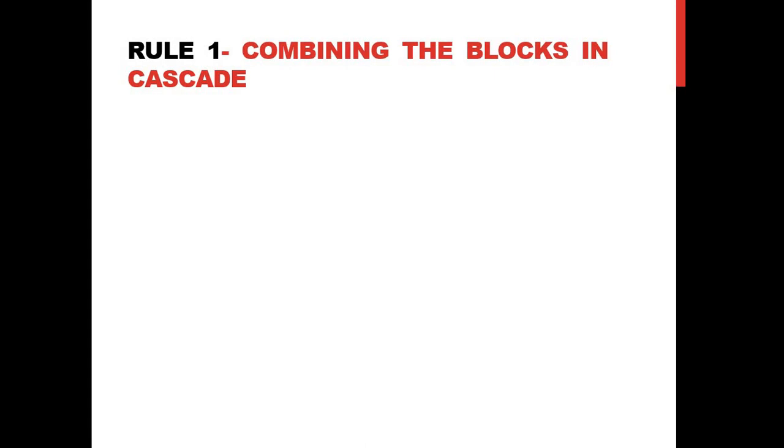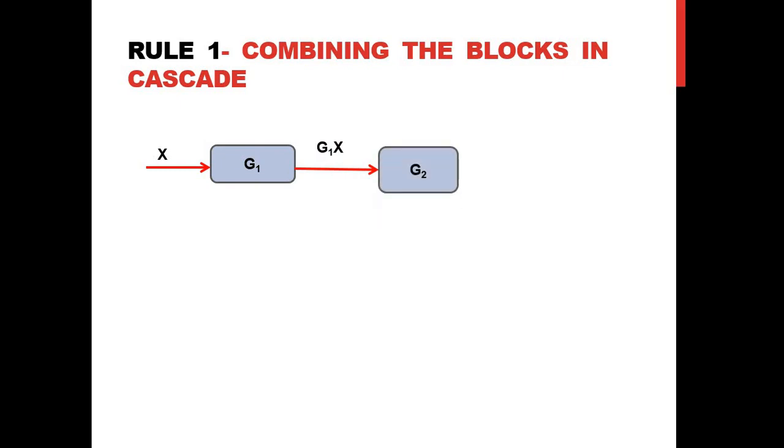Rule 1, combining the blocks in cascade. Let me assume I have a block whose gain is G1. I am going to give an input named X. The output coming from this block will be G1 into X, that is, the input multiplied by the block gain. Now this will be fed as input to another block whose gain is G2.